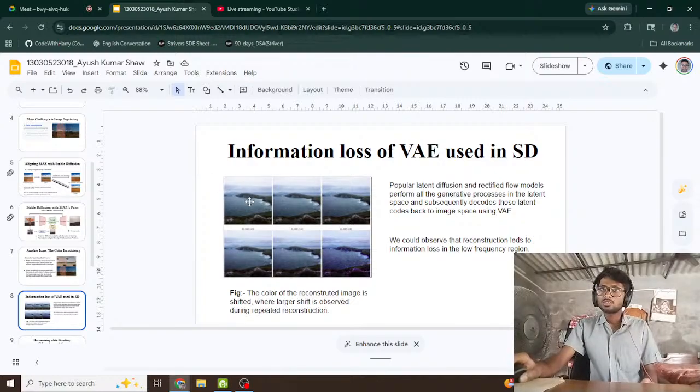So the author explains that with each iteration of the VAE, we could see that there is a color shift. From here to here there is one iteration, and there is not so much noticeable color shift. But as we proceed further in the last reconstruction, we could easily detect that there is a huge color shift. So they try to mitigate this problem using color augmentation and latent augmentation.